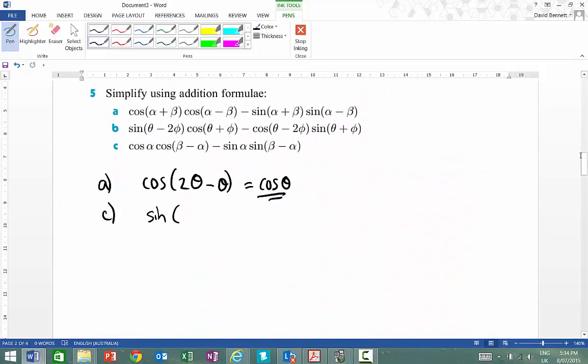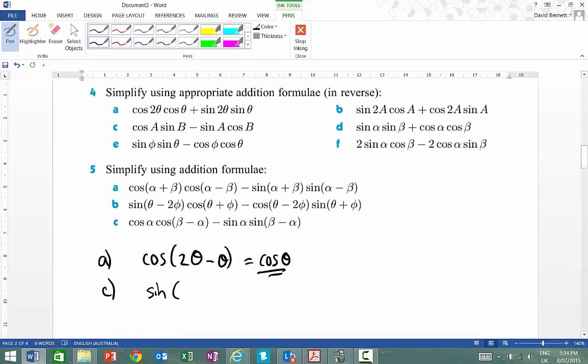So for this one here, when we're doing number C, I should write that as sine B cosine A, take cosine of B sine of A.